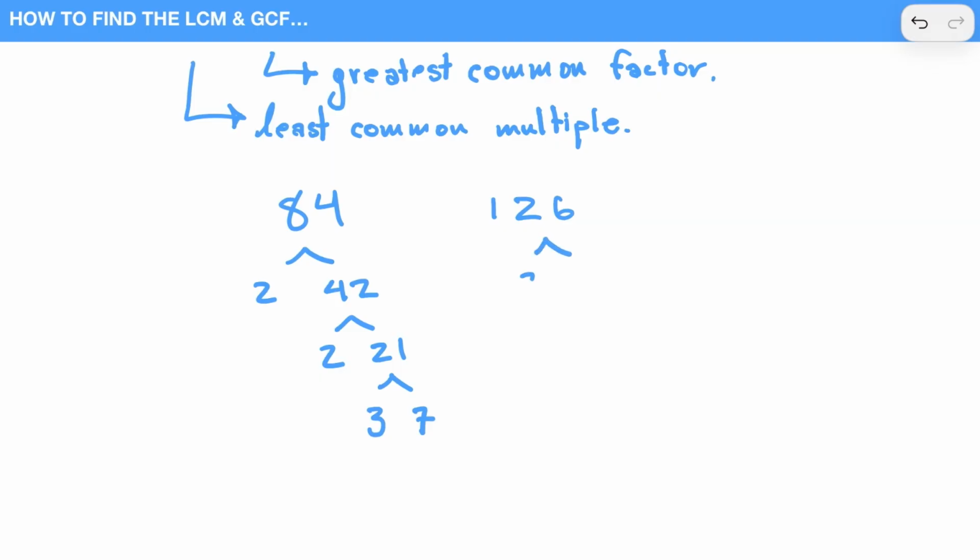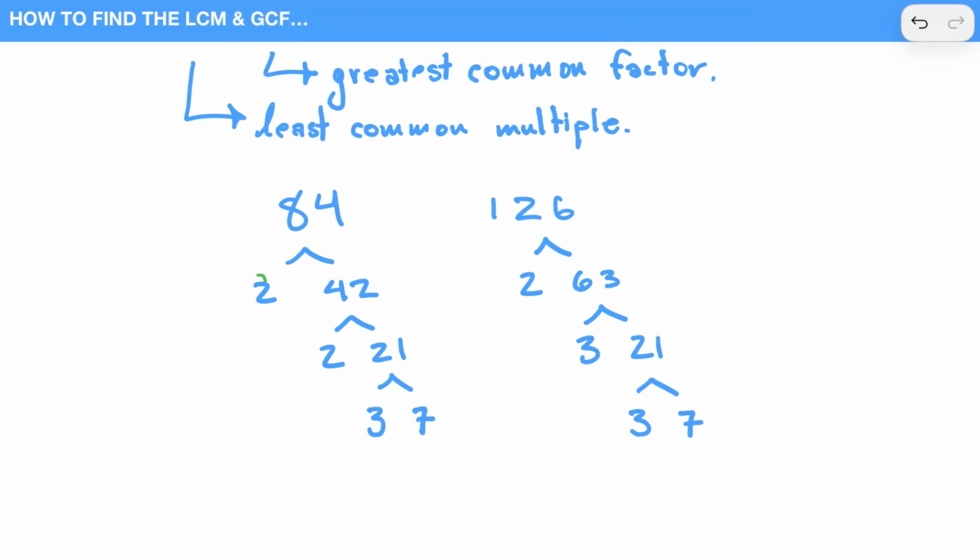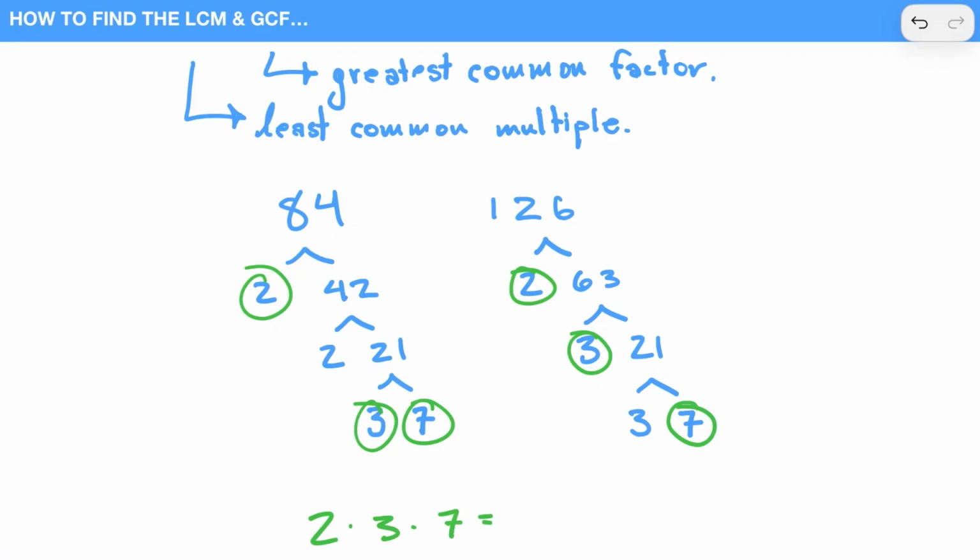For 126, we have 2 and 63, 3 and 21, and 3 and 7. Now, what do they have in common? Well, they have a 2 in common, they have a 3 in common, and they have a 7 in common. So if we multiply 2 times 3 times 7, this gives us 42 as our answer. So that's greatest common factor.